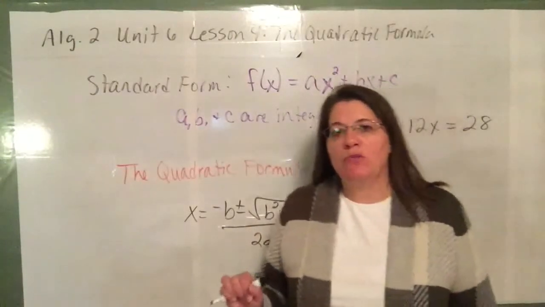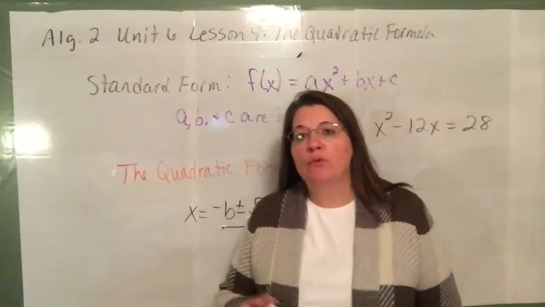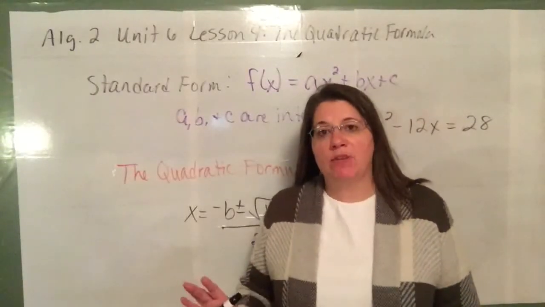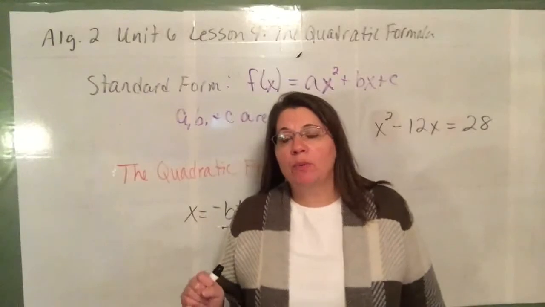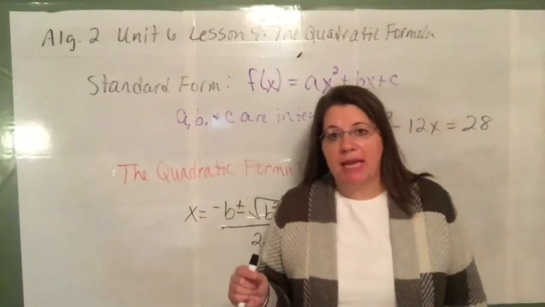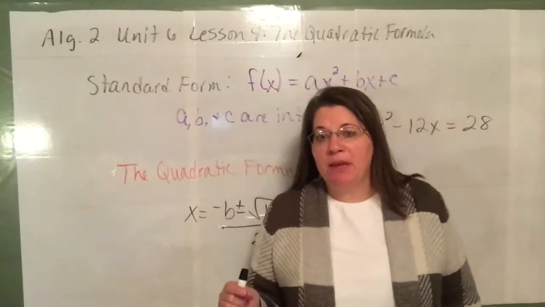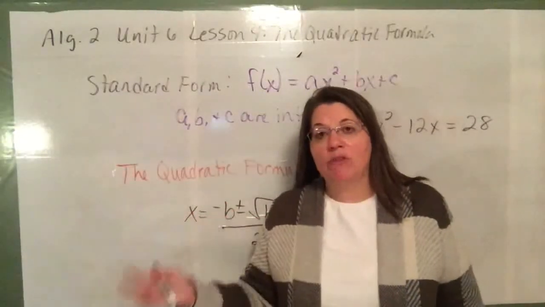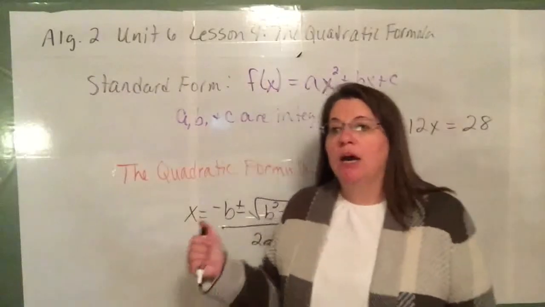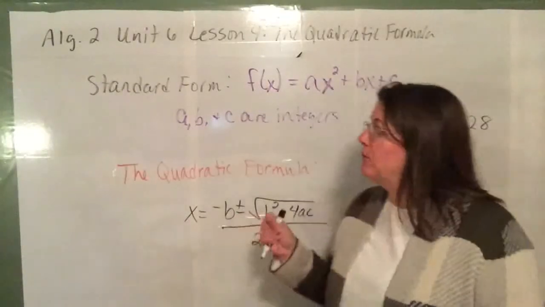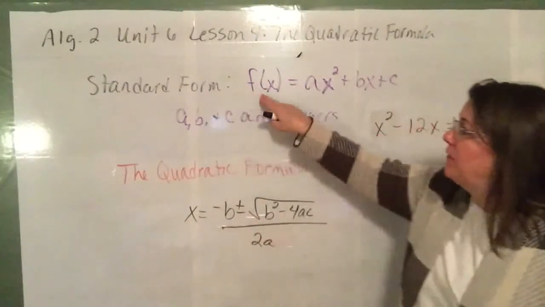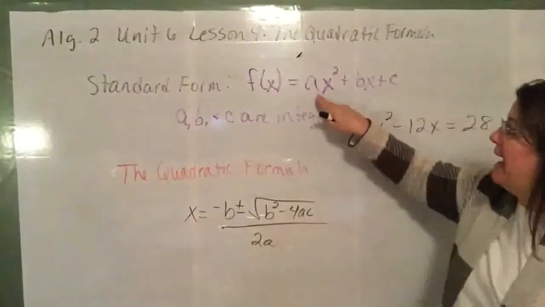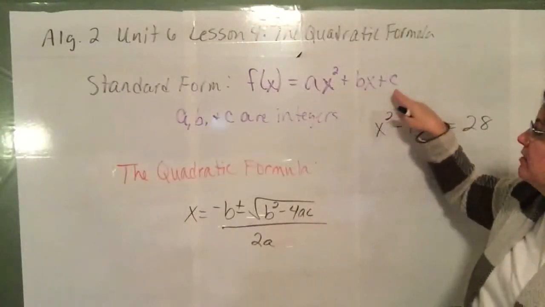The good thing about the quadratic formula is it will work for every single equation I give you. Completing the square will always work, but sometimes those numbers get so complicated you don't want to use that method. But the quadratic formula will work no matter what you have, as long as it's a quadratic equation. The quadratic equation standard form is f(x) or y equals ax squared plus bx plus c.